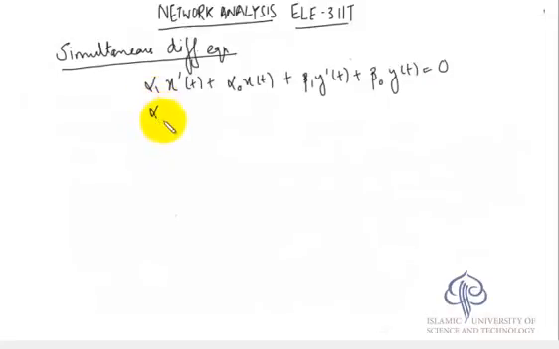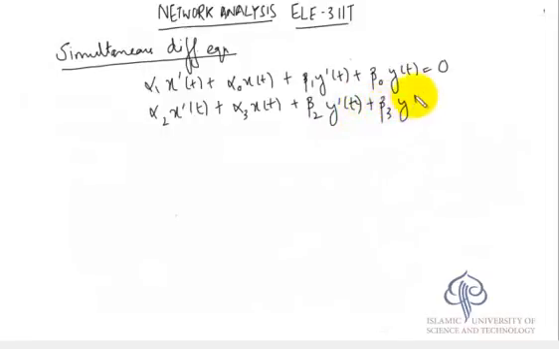and then alpha 2 x dash t plus, say for example alpha 3 x(t) plus beta 2 y dash t plus beta 3 y(t) is equal to 0.